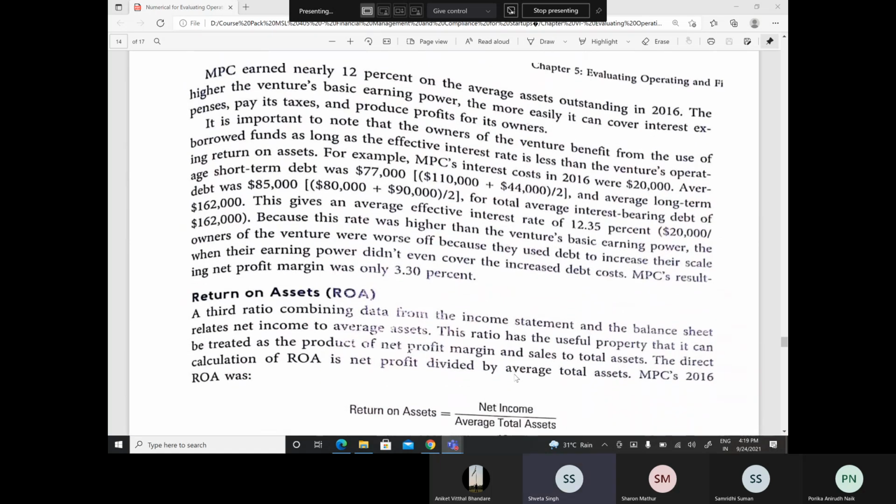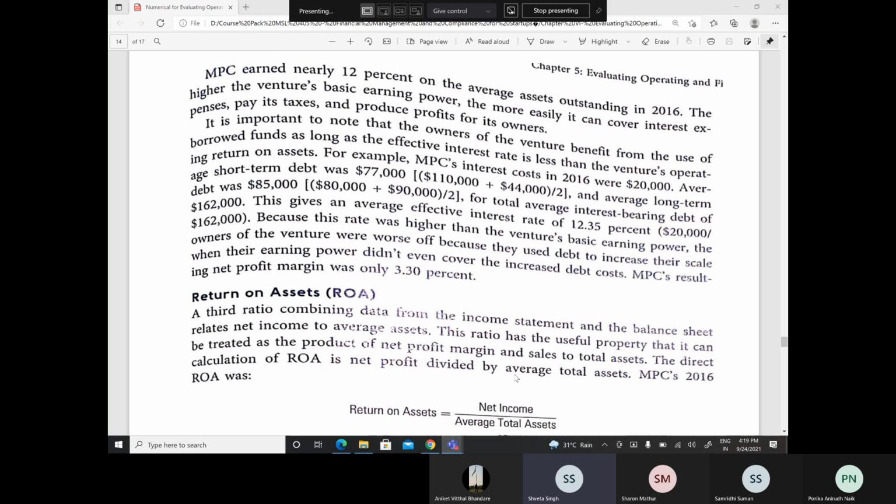So MPC earned nearly 12% on the average assets outstanding in 2016. The higher the venture's basic earning power, the more easily it can cover interest expenses, pay its taxes, and produce profits for its owners. It is important to note that the owners of the venture benefit from the use of borrowed funds as long as the effective interest rate is less than the venture's operating return on assets.